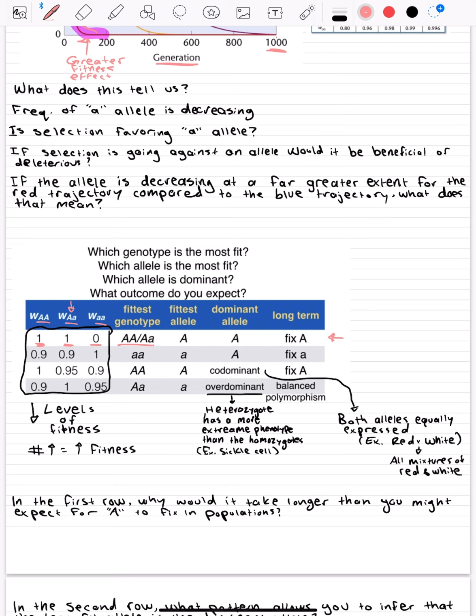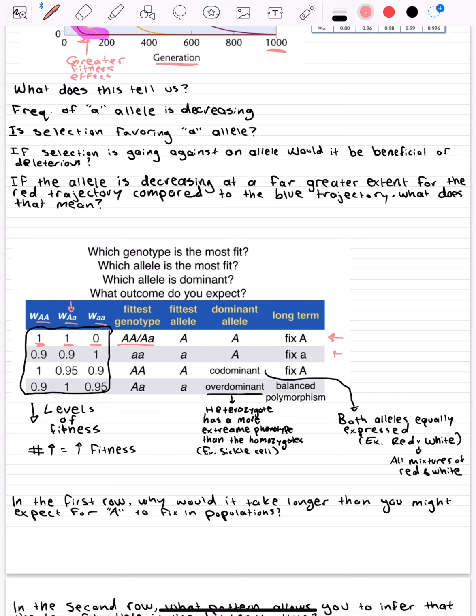That means the big A allele is masking the effects of the little a allele. In the long term, big A is going to fixate, reaching 100% frequency in the population.